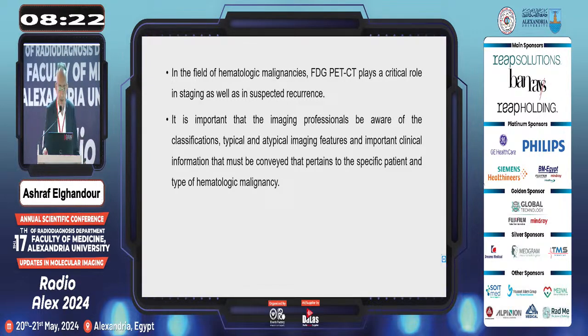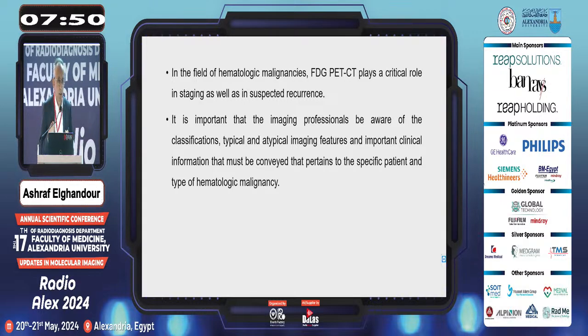It's important that the imaging professionals be aware of the classification, typical and atypical imaging features, and important clinical information. That's why I'm asking now: anyone who's going to comment on PET-CT, please ask about the disease biology. What type of disease? Because it's a total difference for us, especially in non-Hodgkin's lymphoma, and in subtypes of Hodgkin's lymphoma such as lymphocyte predominant.